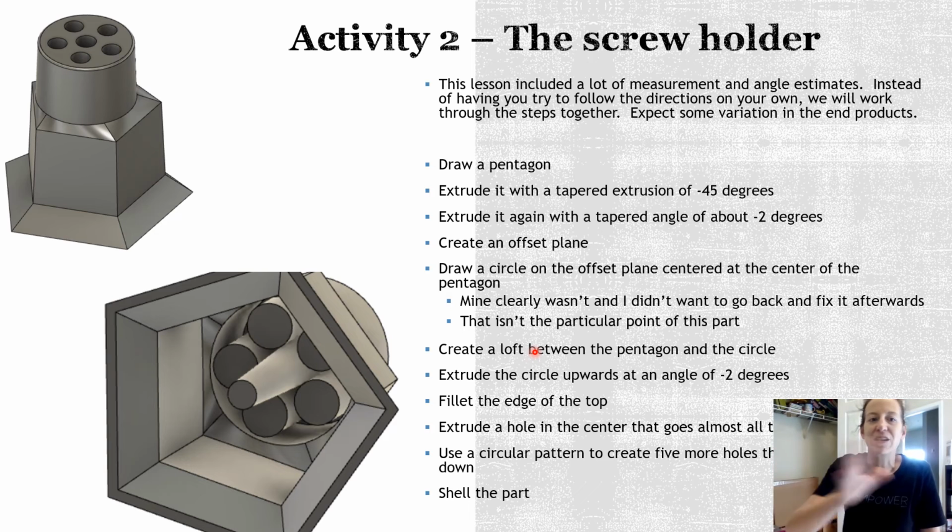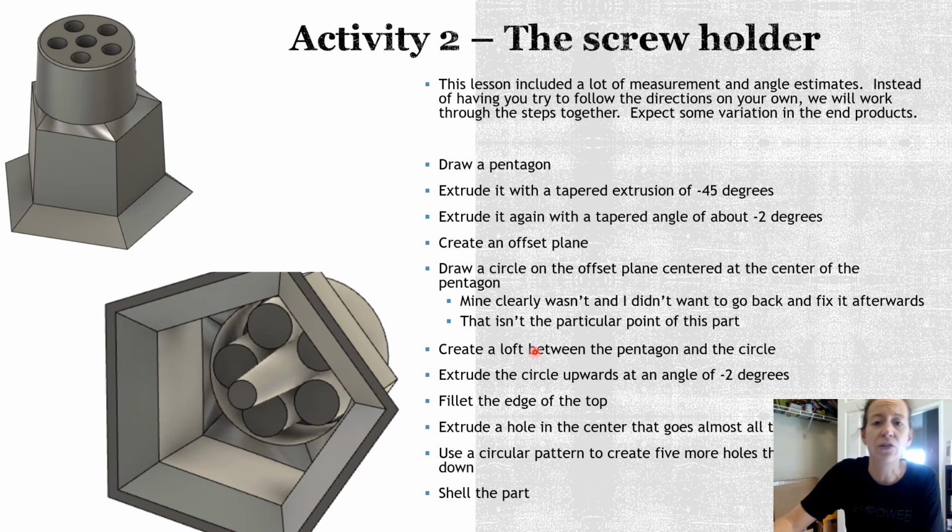So again, it's about keeping in mind what we are trying to learn here. I'm not sure why it wasn't centered over the pentagon. I feel like it should have been, but it wasn't, and that wasn't what we were trying to do. We're trying to practice tapered extrusions and lofts and shelling and some other skills with that. So not going to stress over that.